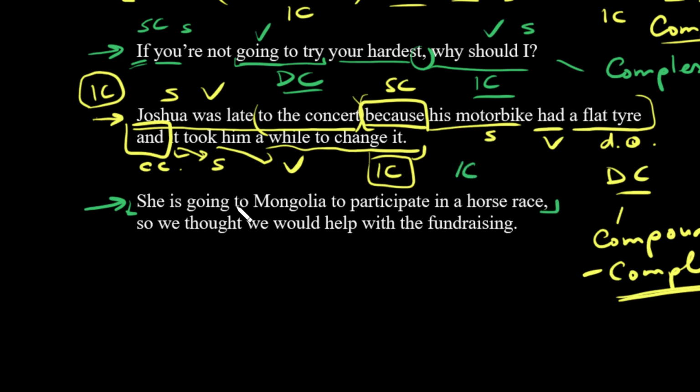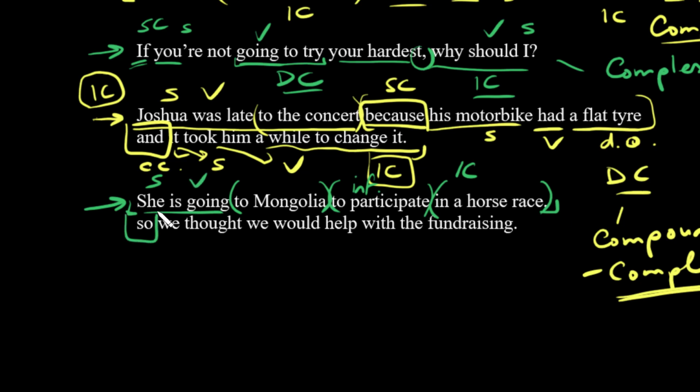It has a few phrases in it as well. So to Mongolia is a prepositional phrase. To participate is an infinitive. Starts a participial phrase. And then we have another prepositional phrase here as well. But the core of the sentence, or at least of this clause, is she is going. So she is the subject and is going is the verb phrase.